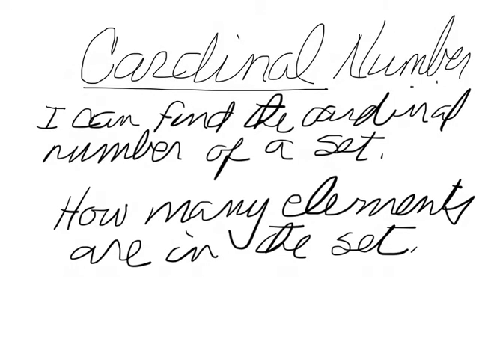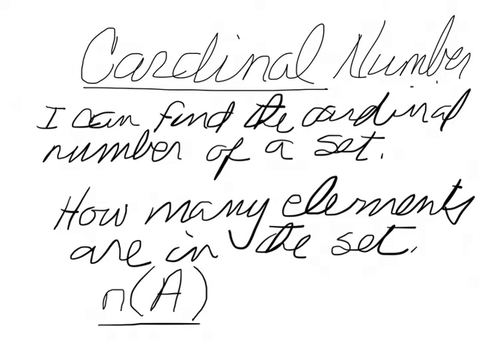The way we illustrate that, if we have set A, is we write this notation, the number of elements in set A. And this notation is the cardinal number. So it's either the number of elements in the set, or you can call it the cardinal number. Either one of those is correct.